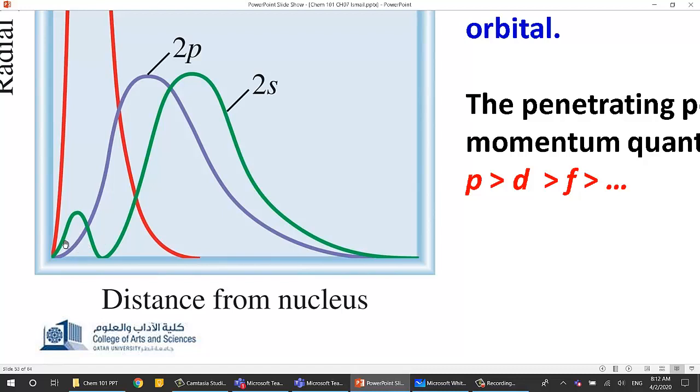Look at this. The green line of the 2s is higher than the 2p in this area. And therefore, there is more possibility for this third electron to exist in the 2s rather than 2p. We call this penetration. Penetration means that the 2s is penetrating more towards the nucleus than the 2p, and therefore 2s has lower energy than 2p.